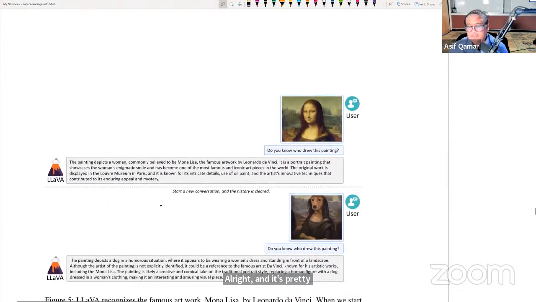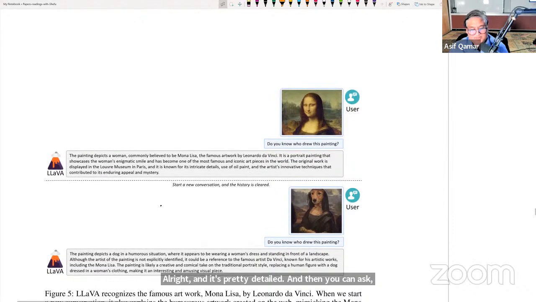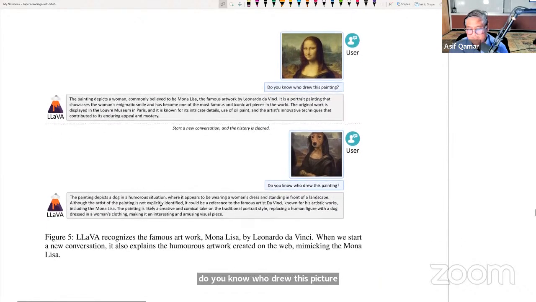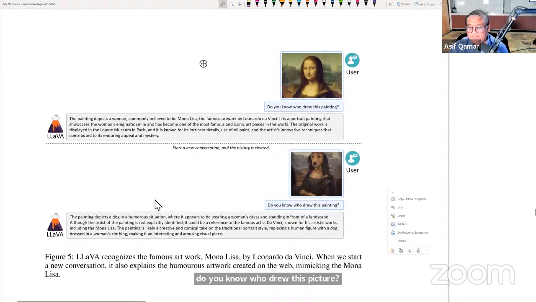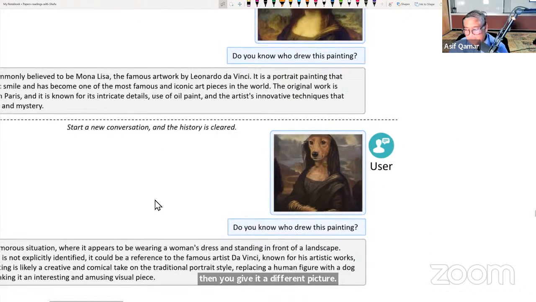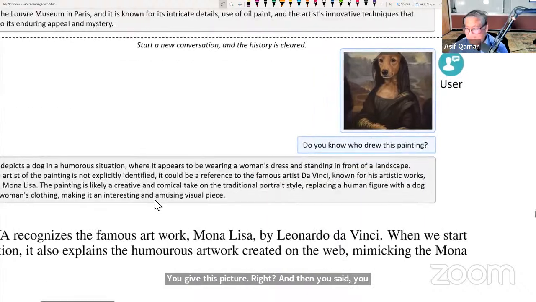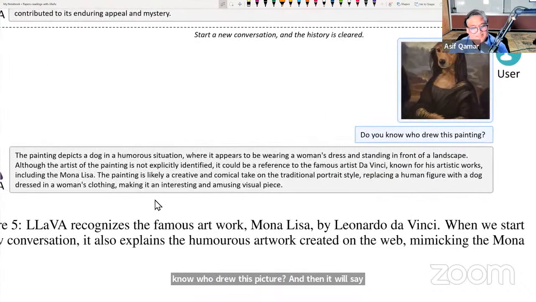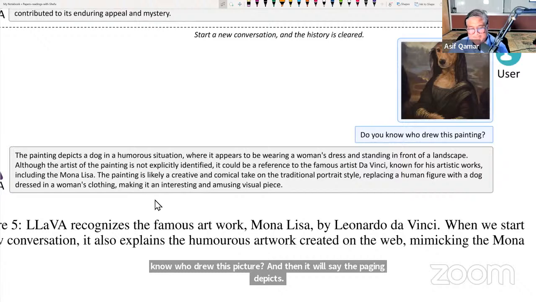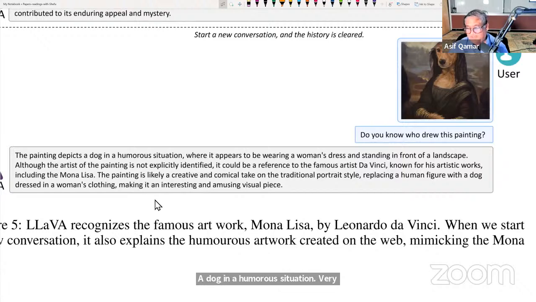And then you can ask, do you know who drew this picture? And it will give you practically the history of this. And then you give it a different picture. You give this picture, right? And then you say, do you know who drew this picture? And then it will say the painting depicts a dog in a humorous situation where it appears to be wearing a woman's dress and standing in front of a landscape.